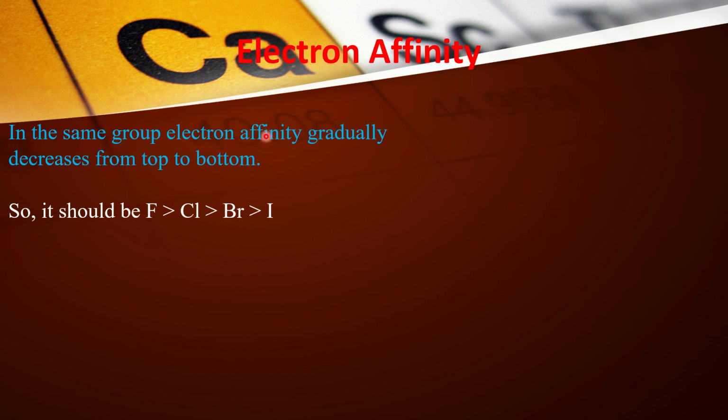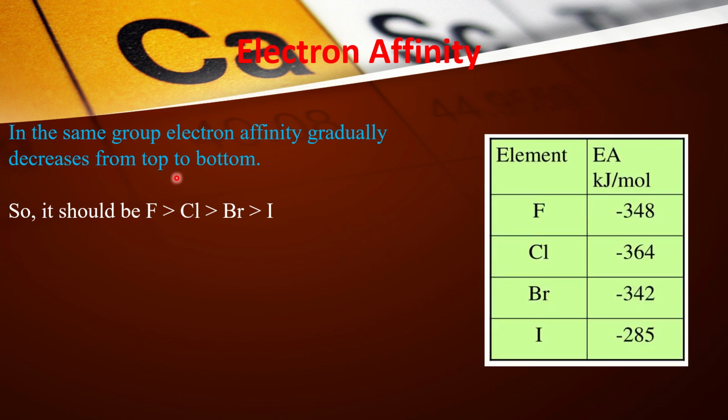But there is an exception for fluorine and chlorine. Electron affinity of chlorine is more than fluorine. That means for the elements of group 17, chlorine has the highest electron affinity, then fluorine, then bromine, and then iodine.